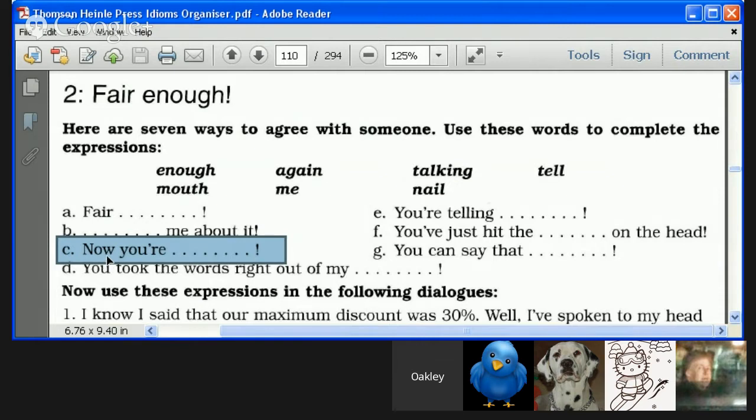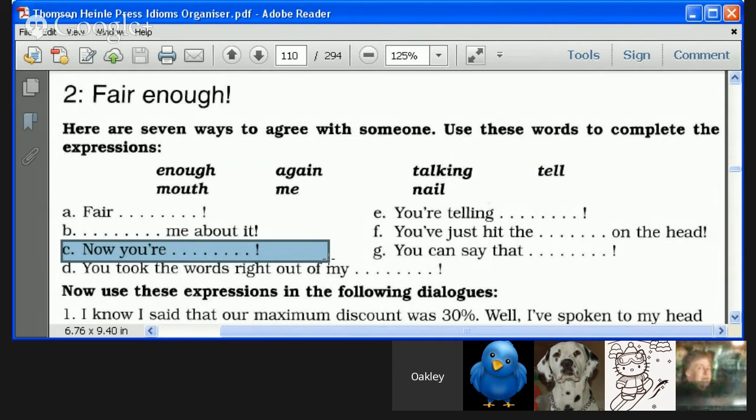Now you're talking. This may sound very simple on the surface. Basically, the meaning is just strong agreement.